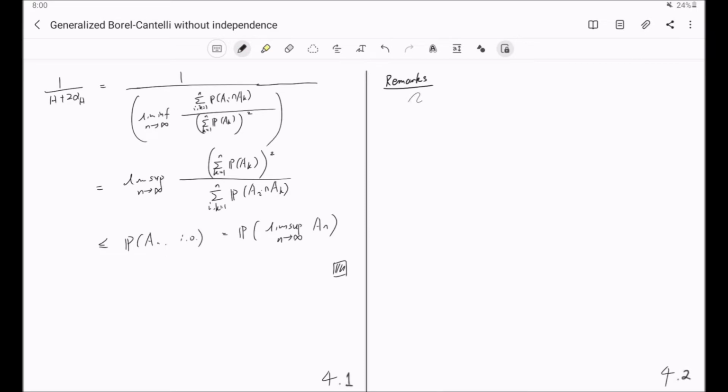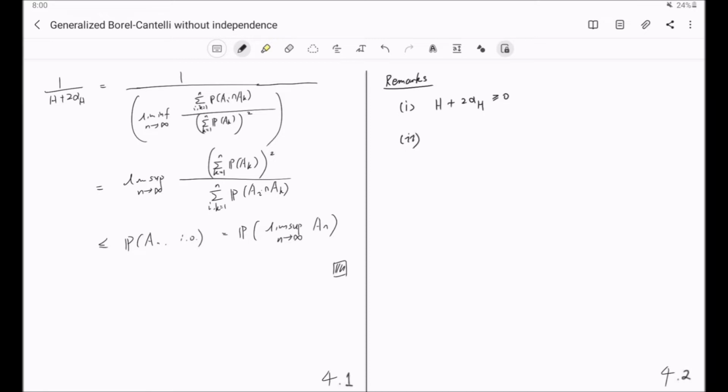So let me copy it down here. h plus twice of opposite h is greater or equal to 0. That is our first remark.